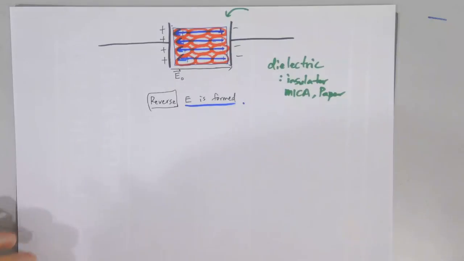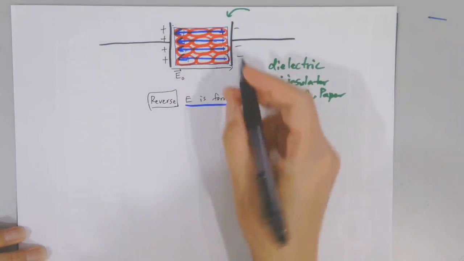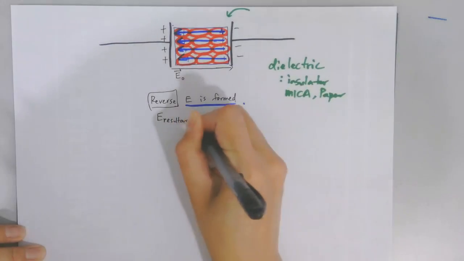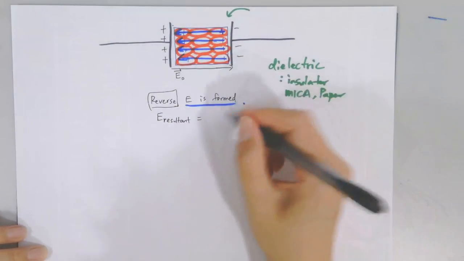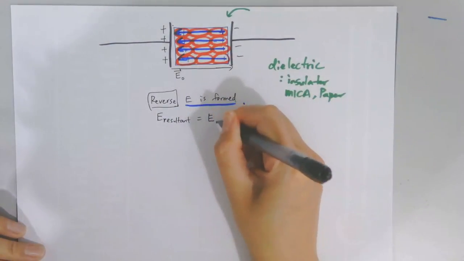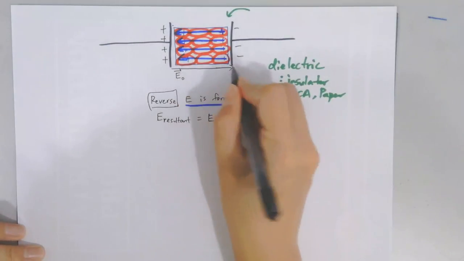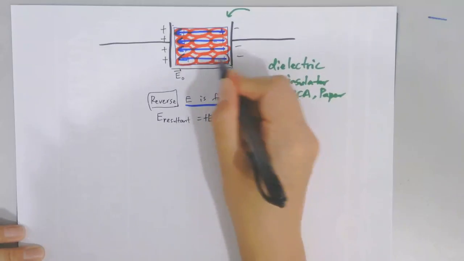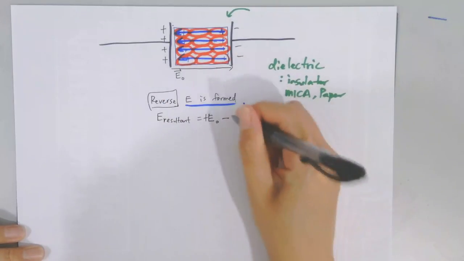Alright. Jadi kalau reverse electric field is formed, apa maksud dia? Maksudnya kalau saya nak cari E resultant, kita akan guna E asal iaitu electric field yang pergi arah kanan. Tolak, kenapa tolak? Sebab opposite kan, dia ke kiri kan, tolak dengan ni kan.